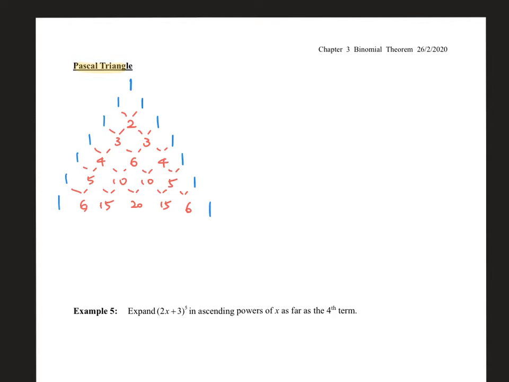So what is it used for before we come to really talking about the Binomial Theorem? Indeed, Pascal's Triangle tells you the coefficients of the expansion. Let's take the easiest one as an example.